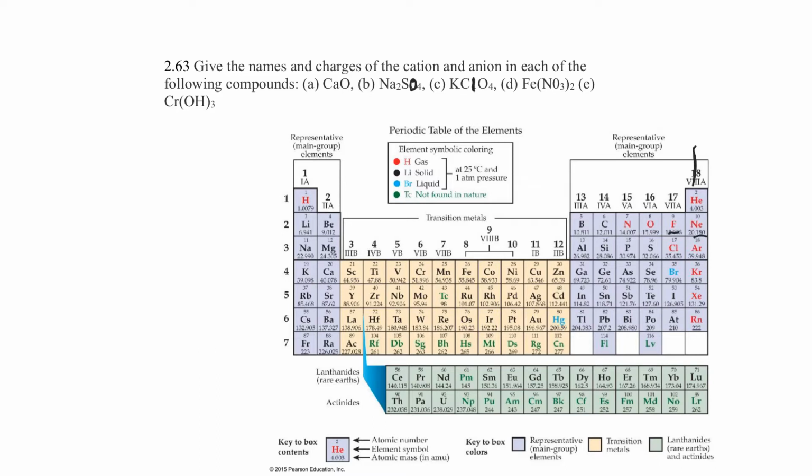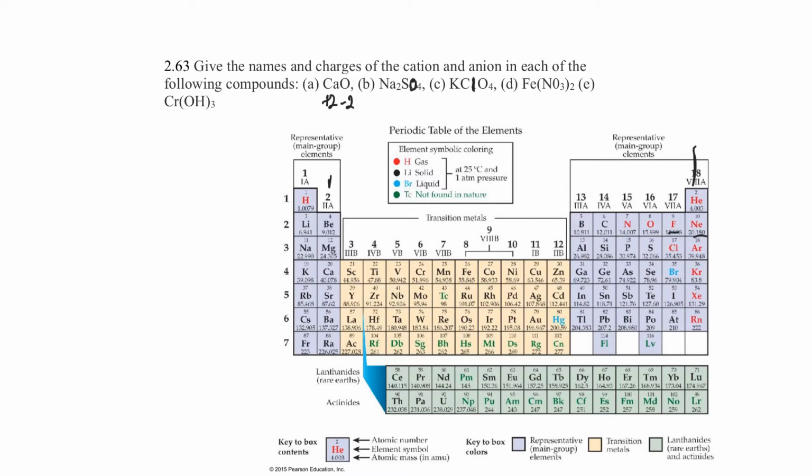So the oxygen here is going to be -2. The calcium is in group 2, so it is going to be +2. So the calcium is +2, the oxygen is -2.